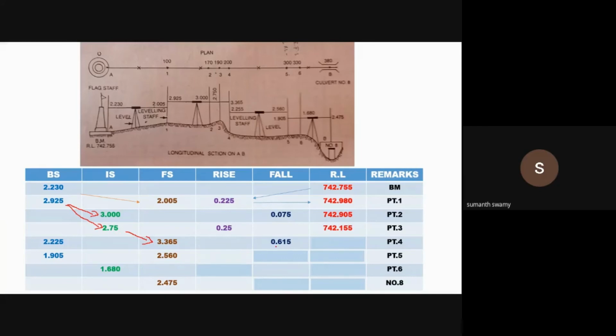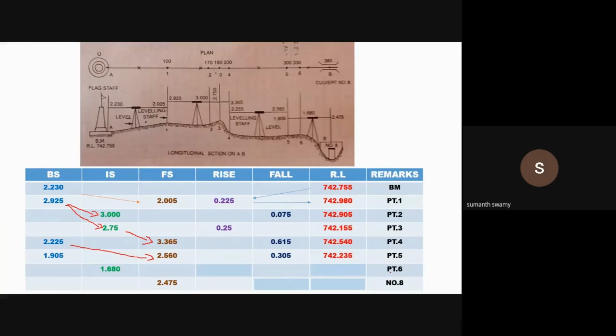Therefore, enter it in fall column, and then RL minus fall gives the next RL point. Similarly, coming to point 5, once again take a difference between backside and next foresight. Here also the answer is negative. When entered in the fall column, then RL minus fall gives the answer. So that is the RL of point 5.